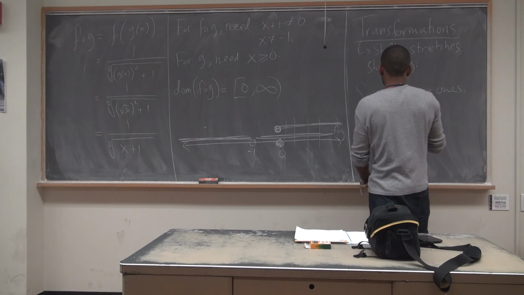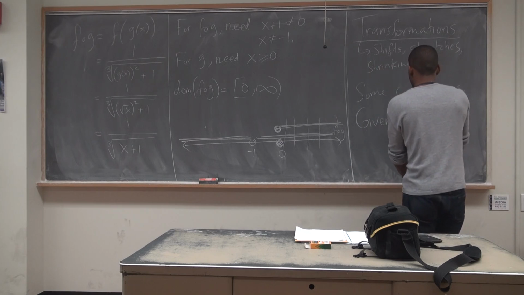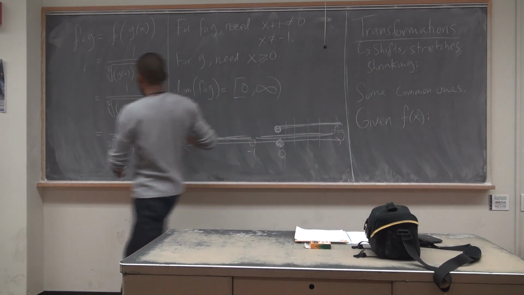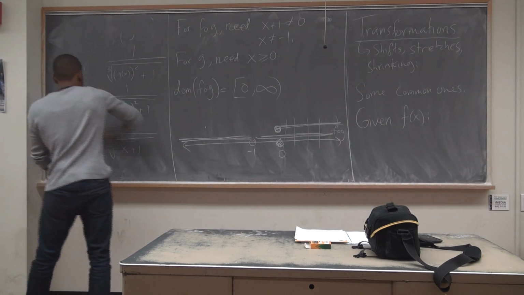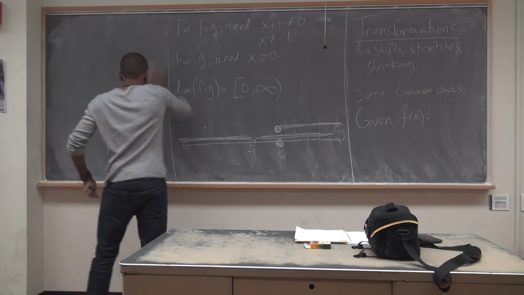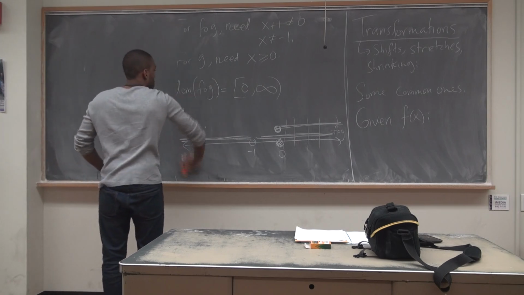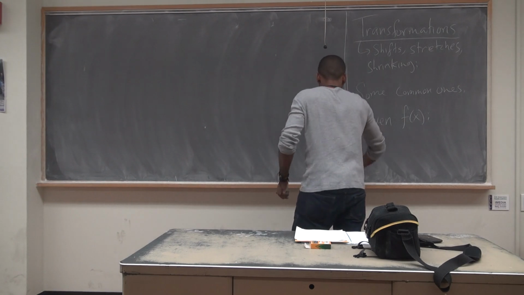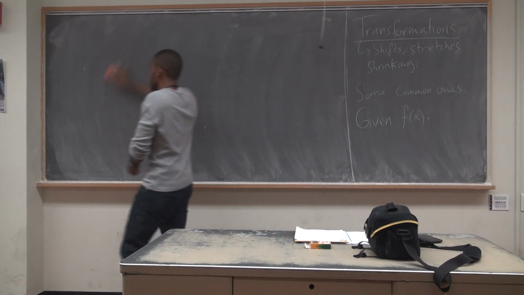Given f of x, let's say I'm given a function. I can quote unquote transform that function using several mathematical operations. And doing it algebraically will do something to the graph.